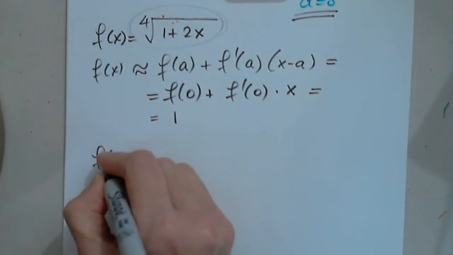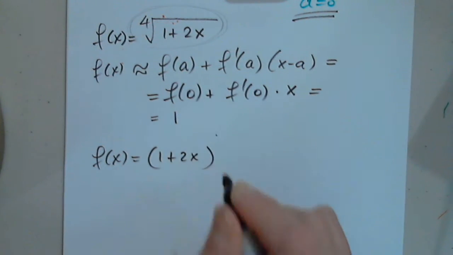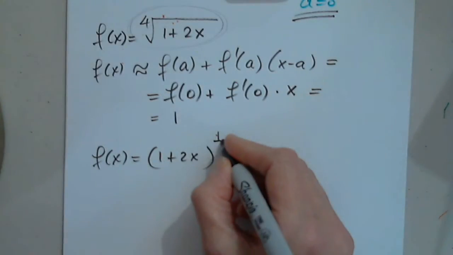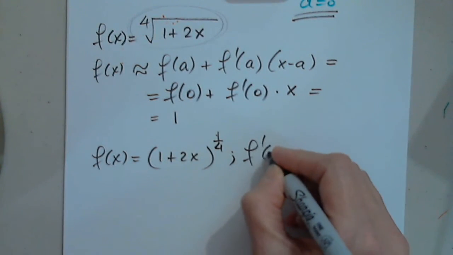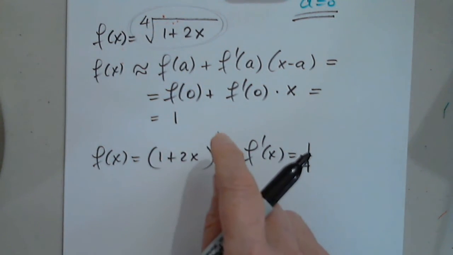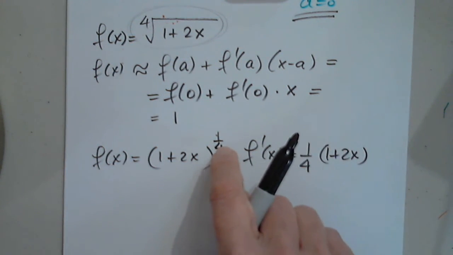So remember, for f prime, we should always do this first. Which power? For this function, of course. 1/4. Very good. So then f prime of x, I bring down the power. I subtract 1 from the power. What do I get when I subtract 1 from 1/4?